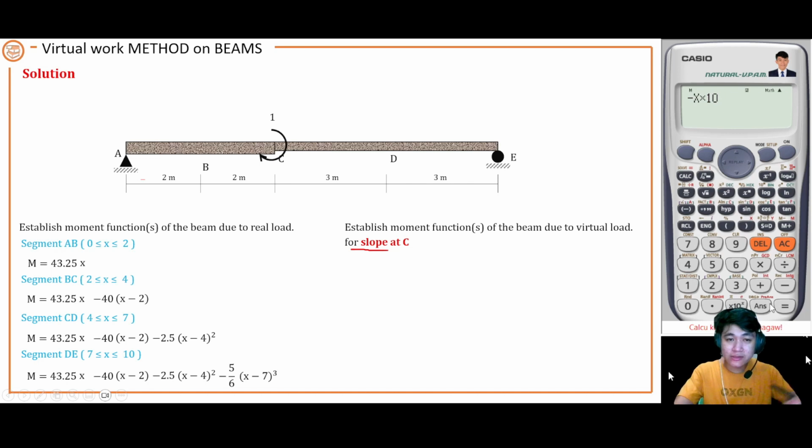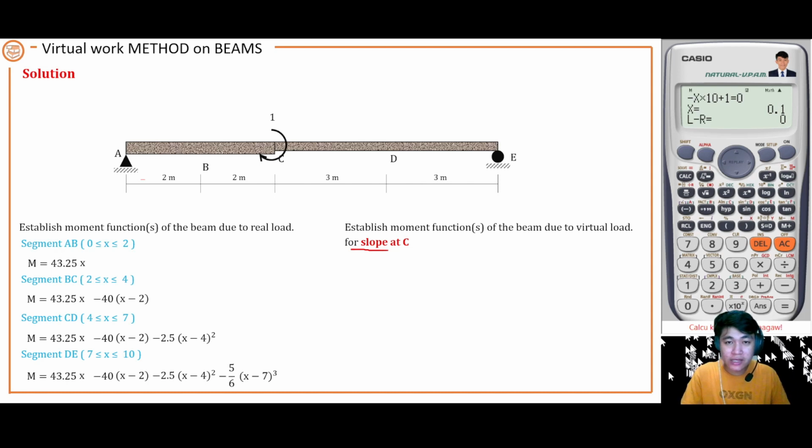So summing moment at point E, negative x times 10 plus 1 equals 0.